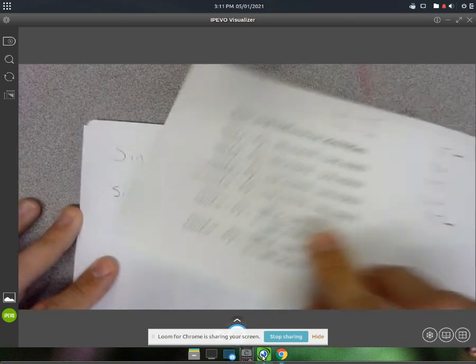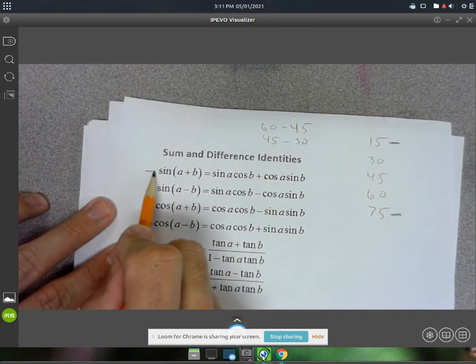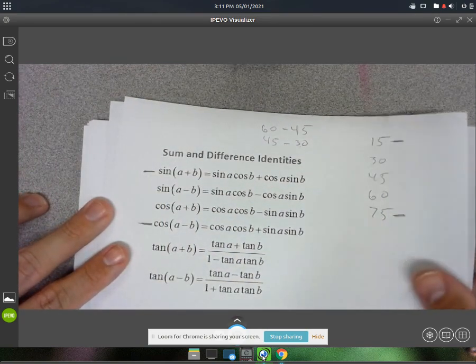Cool. So I'm going to be using my sine addition formula here.